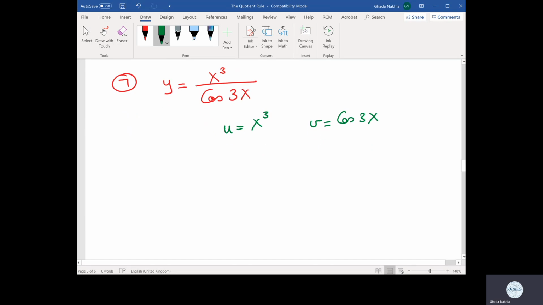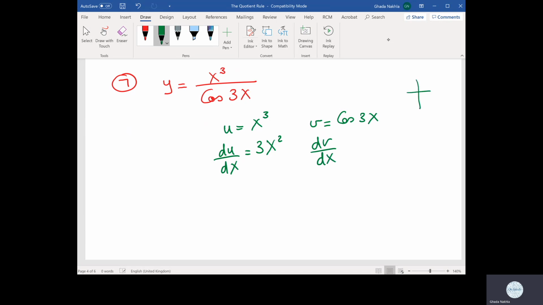Differentiate both. Du by dx is 3x squared: drop the power, and then decrease the power. dv by dx, and let's draw the same diagram again.